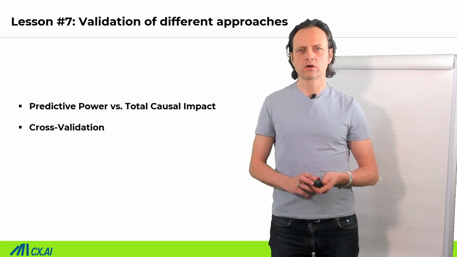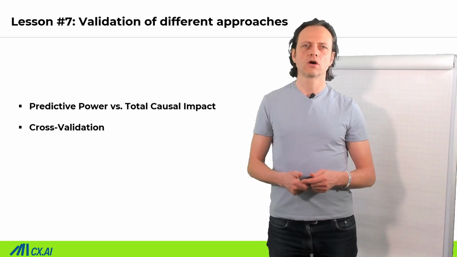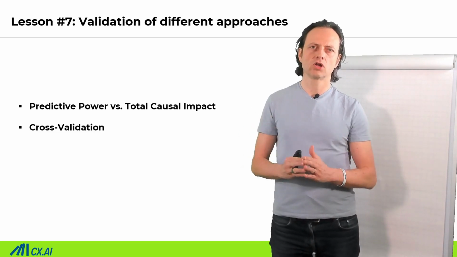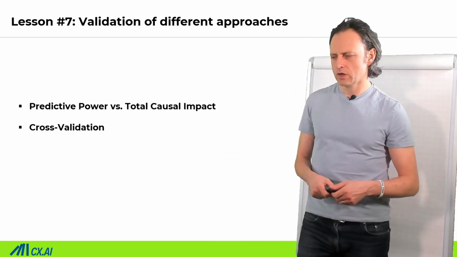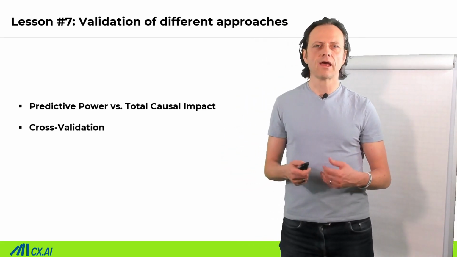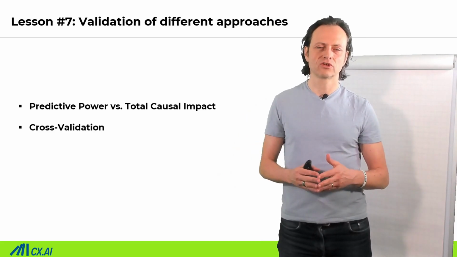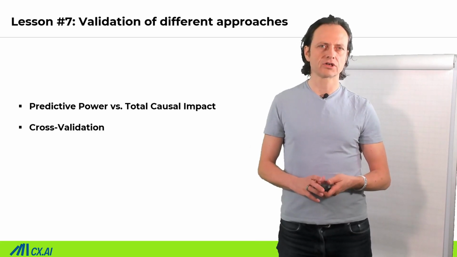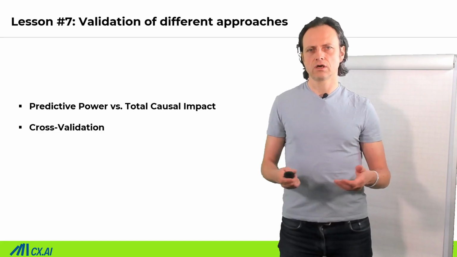Besides the predictive power, you should always also check the cross-validation. It tries to check for overfitting. If you have a small amount of data but a large number of drivers, there is a risk of overfitting. Those modeling approaches, also machine learning, can be shipped with techniques that try to minimize the overfitting risk, but it's still always good to check how large the overfitting really is. Cross-validation is one approach.